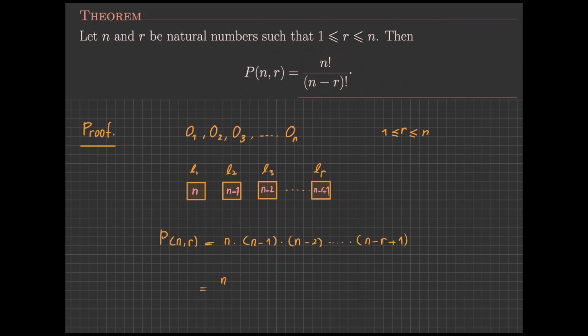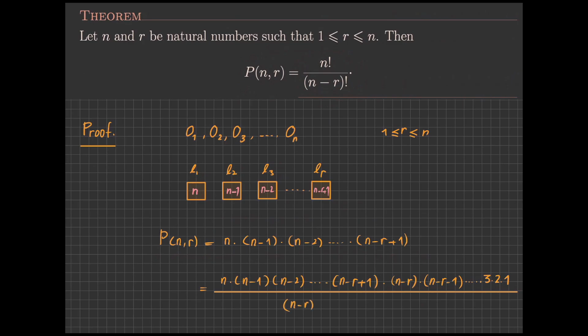So I can rewrite this expression and then start multiplying it by the previous number and then multiply it by the previous number, and I continue this process until I reach 3, 2, and 1. But I cannot change my problem. I multiplied that. I have to compensate for this change, so I have to divide by this expression as well.